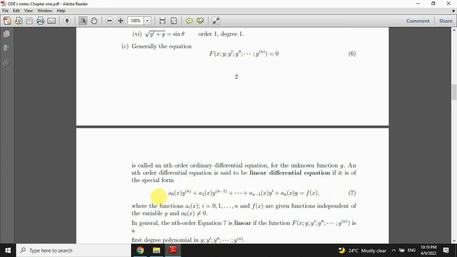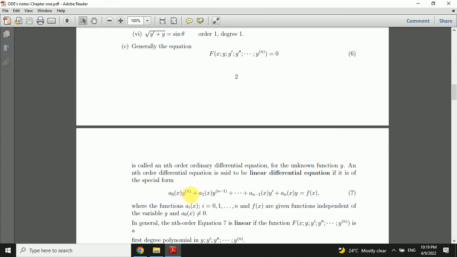So equation 7 says we have a0 of x times y to the power n. Now we are just trying to write an nth order differential equation, which means you have y differentiated n times, which we write simply as y to the power n in brackets.